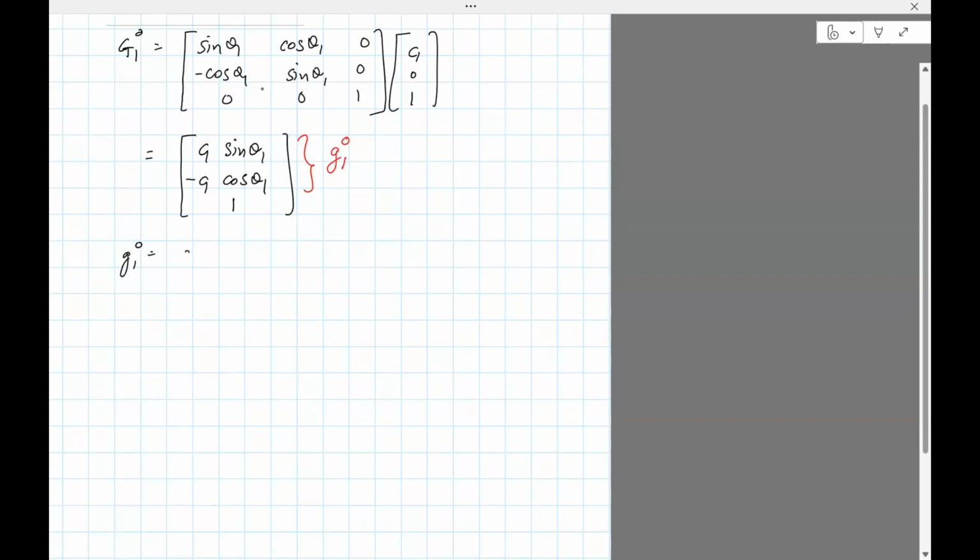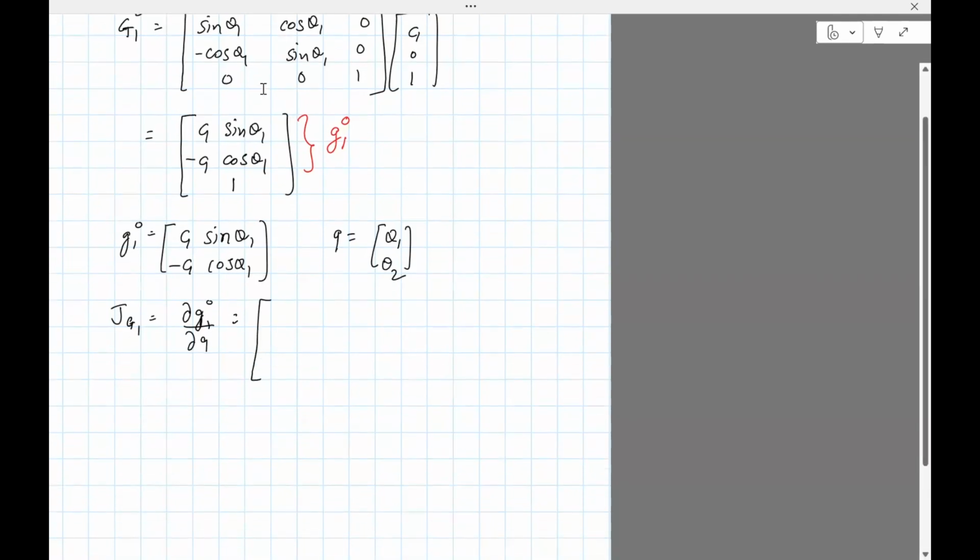So G1 in frame 0 is C1 sine theta 1, minus C1 cosine theta 1. Q is theta 1, theta 2. And I'm interested in J of G1, which is the derivative of G1 with respect to Q. To make it clearer, let me write this as XG1, YG1, and Q is as it is.